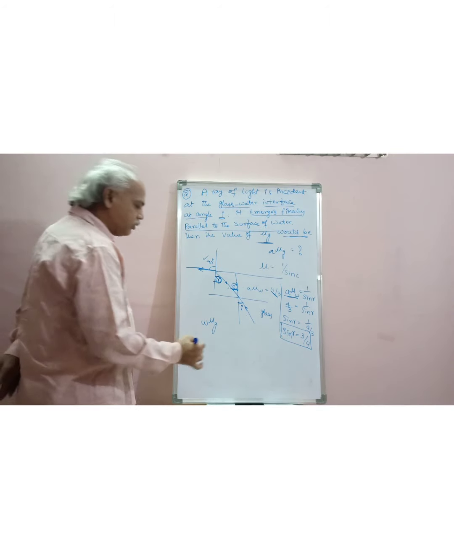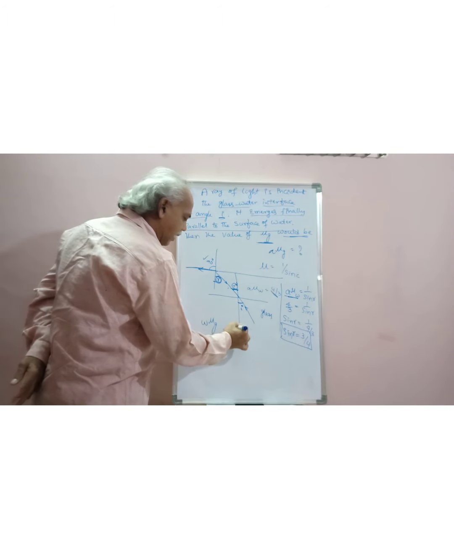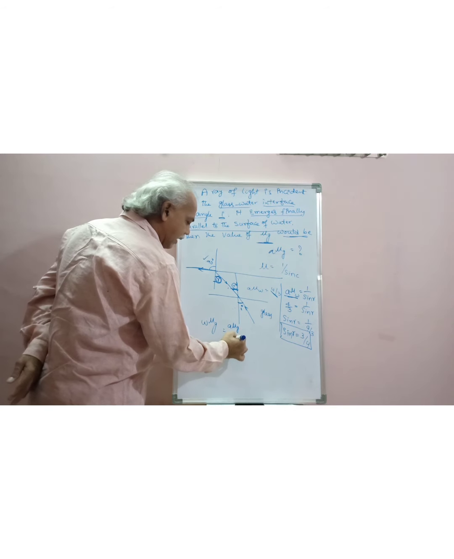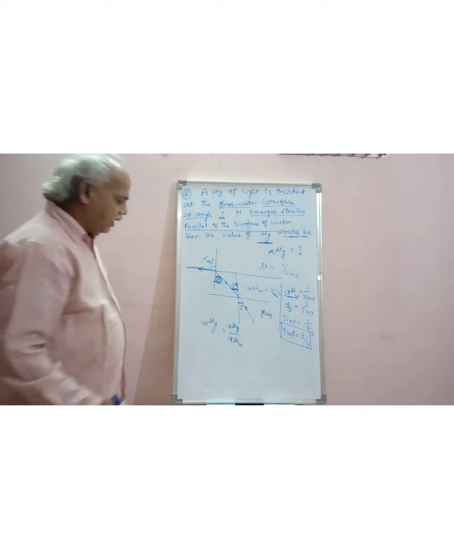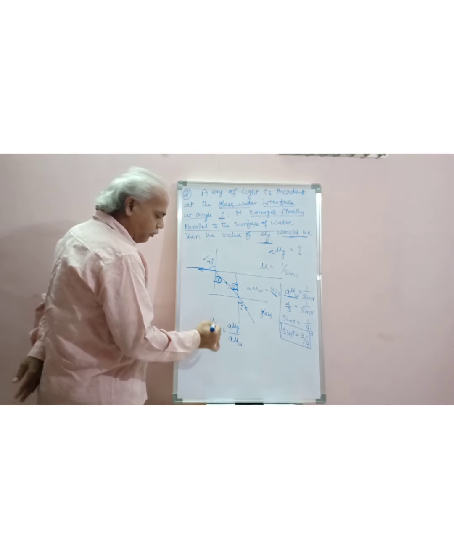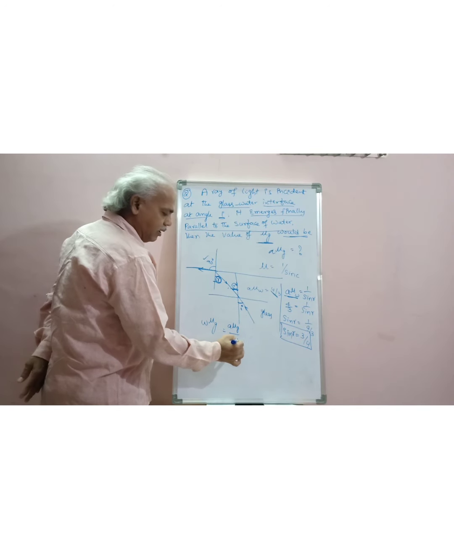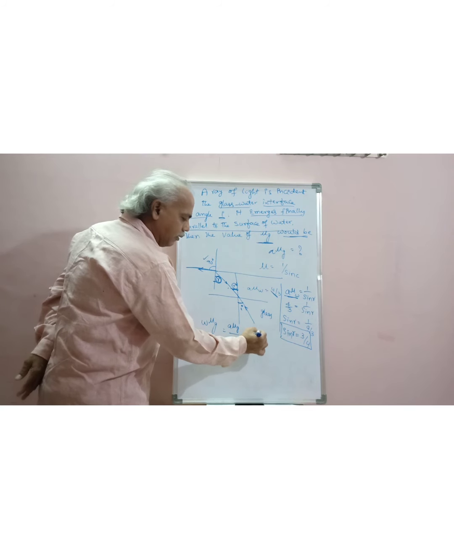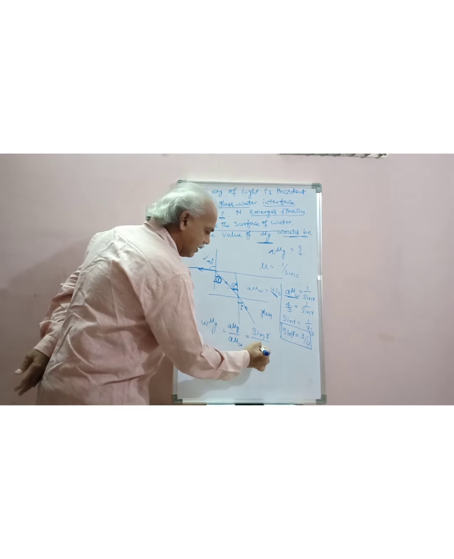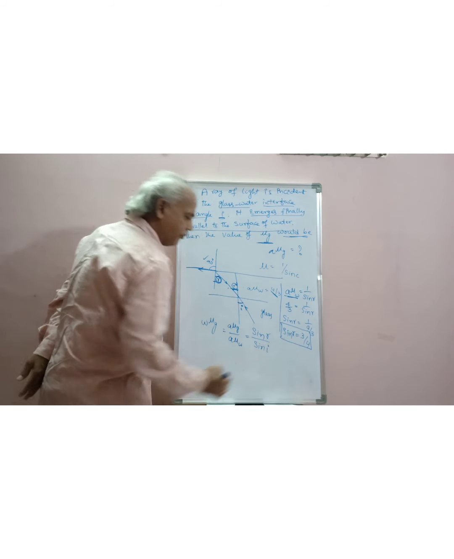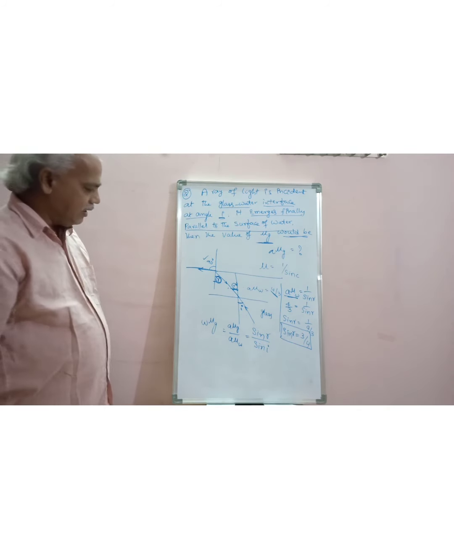What is W mu g? That is equal to A mu g by A mu w. By using Snell's law, W mu g is equal to A mu g by A mu w, that is equal to, from the diagram, sin r by sin i.